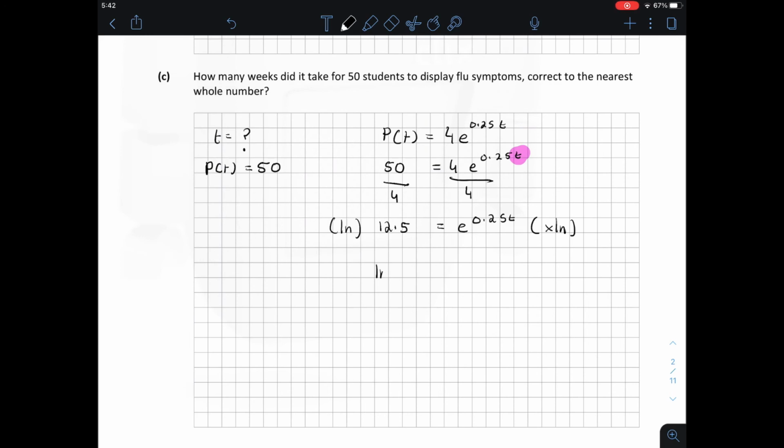This leaves us with ln 12.5 equals 0.25t. This is because ln of e equals 1, log base e equals 1. So here we want to find t, so we're going to divide both sides by 0.25 to find t on its own. So ln of 12.5 divided by 0.25, correct to the nearest whole number, gives us 10 weeks.